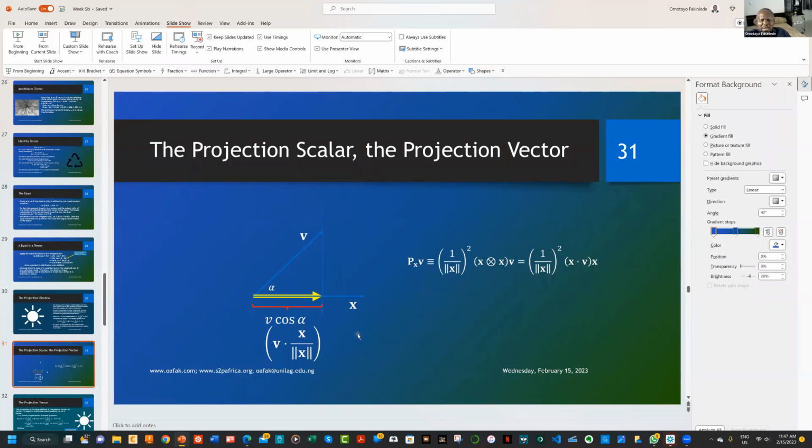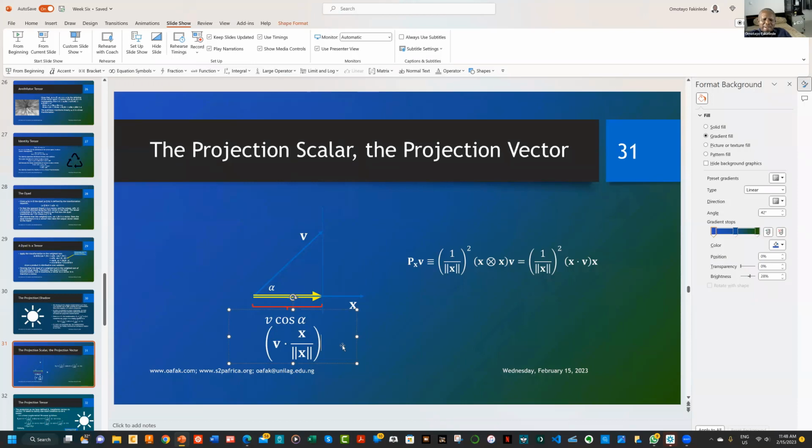If you do not agree immediately, just compute this and you see whether you will get this. This quantity you have here is the projection scalar, because it is the magnitude of the yellow arrow. So the projection scalar of v upon the x direction is the scalar v dot x divided by the modulus of x.